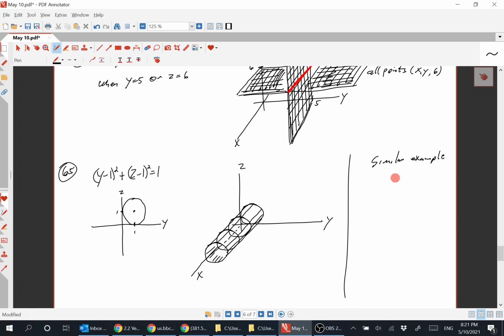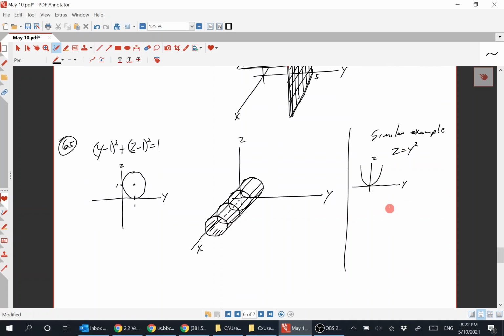Suppose we have y = z², or let's say z = y². Z = y² looks like this in the yz plane. It's just this usual parabola, yeah?